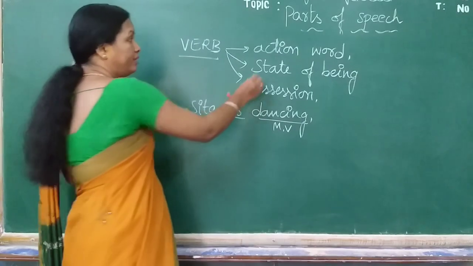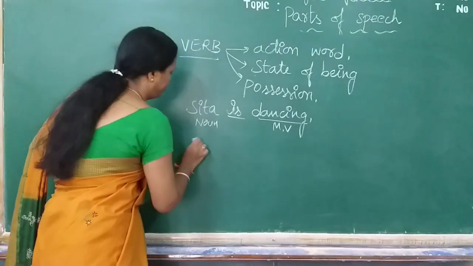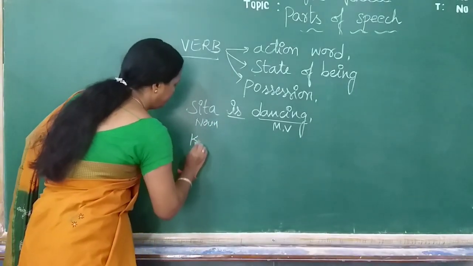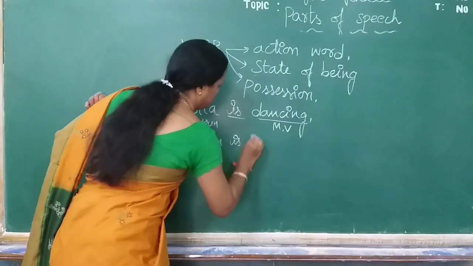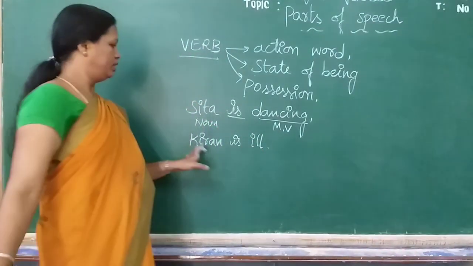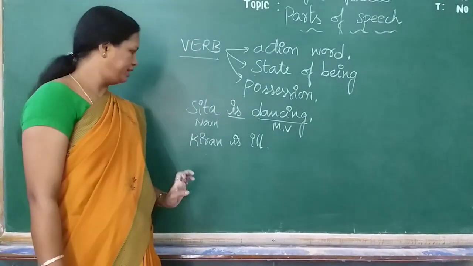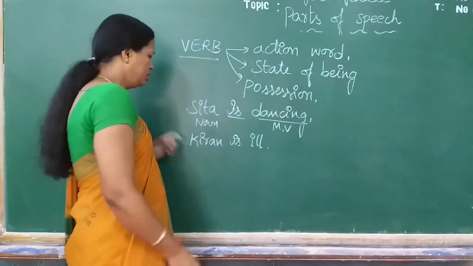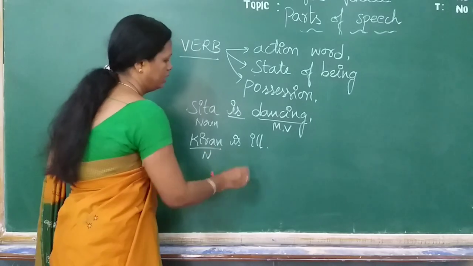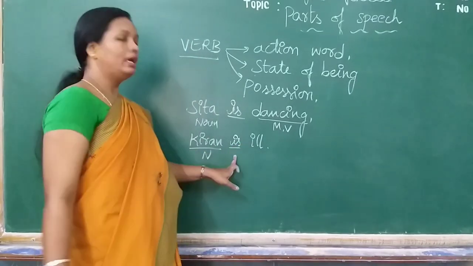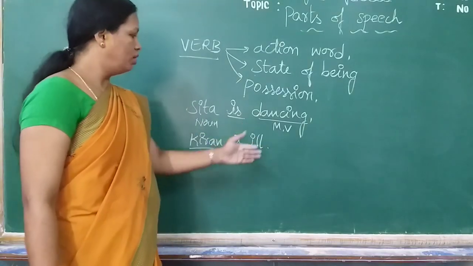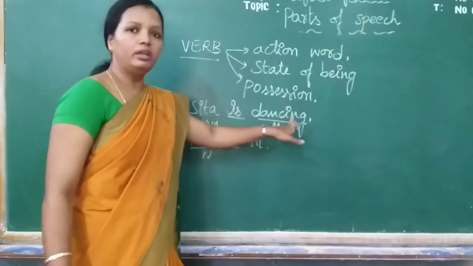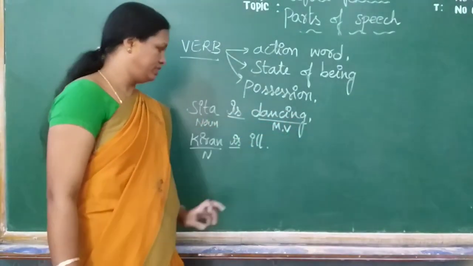Next is state of being. Say for example, Kiran is ill. Here Kiran is a noun, and is is a helping verb, which is also called a main verb when the main action word is not there.